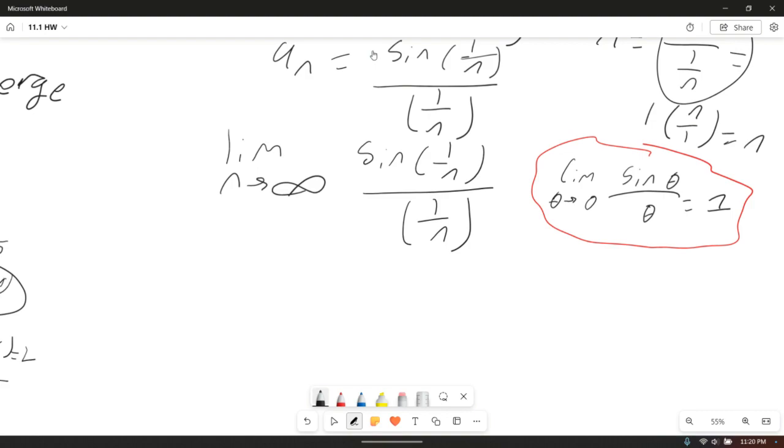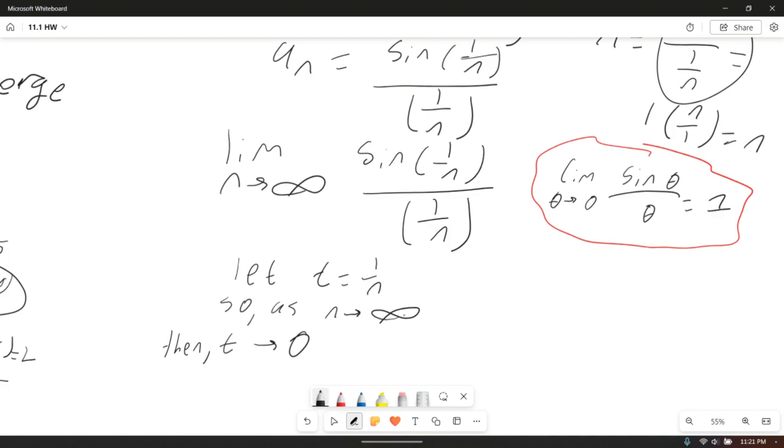Anyways, what we could do here is say let t equal 1 over n. As n approaches infinity, t approaches 0, right? If we take the limit as n approaches infinity of 1 over n, then that's just 0.